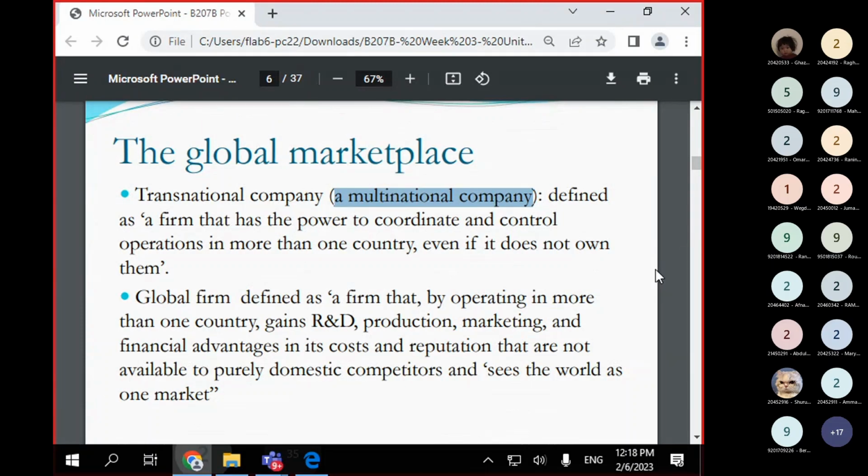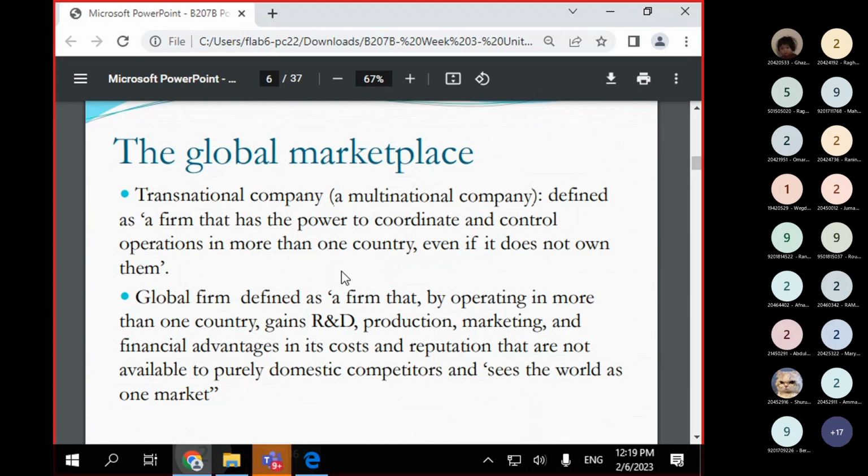Okay, so even if it doesn't own these operations, but still it has a presence in more than one country. Now, a global firm is defined as a firm that by operating in more than one country has some advantages. The advantages are in the form of R&D, research and development, marketing, production, financial advantages.